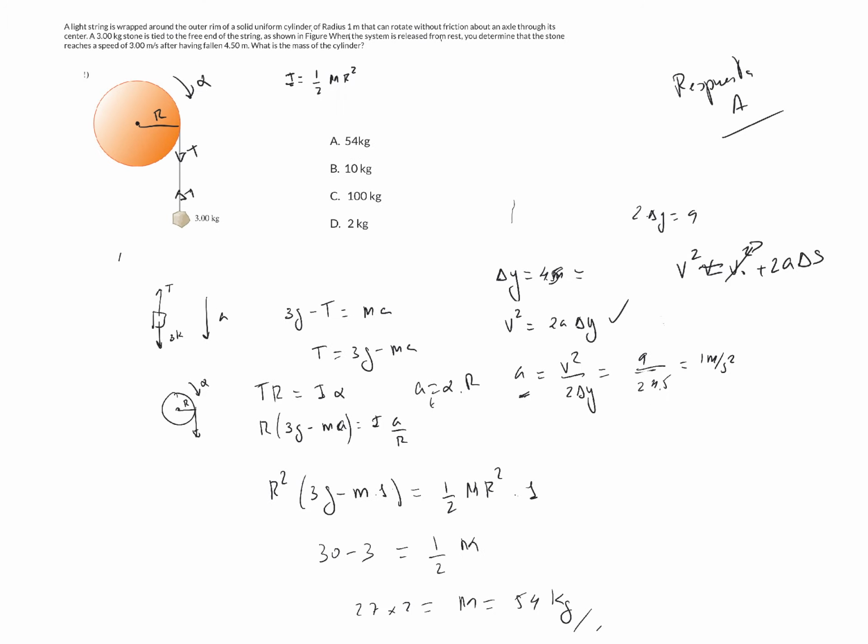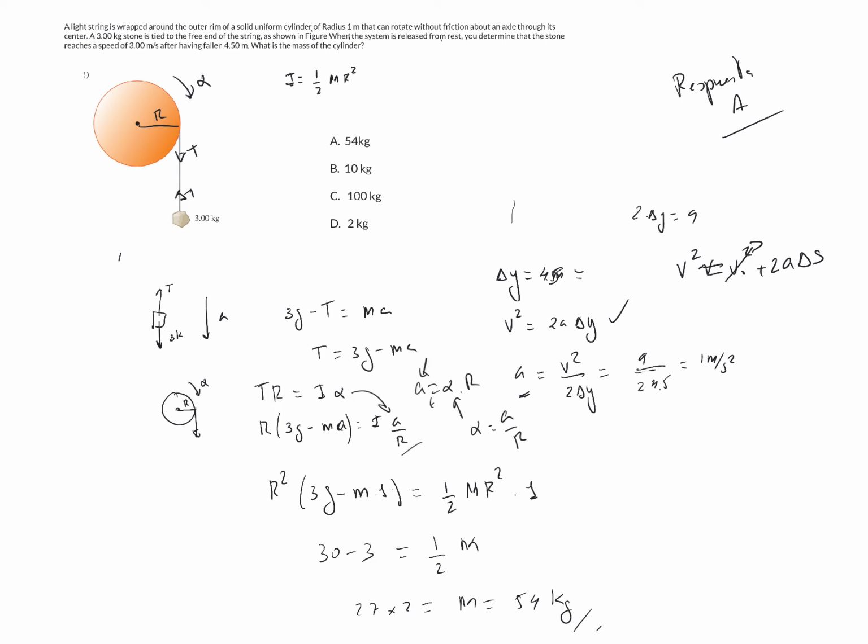So the rope is moving with tangential acceleration, and the angular acceleration of the disc is a divided by R. So we plug in this a divided by R.